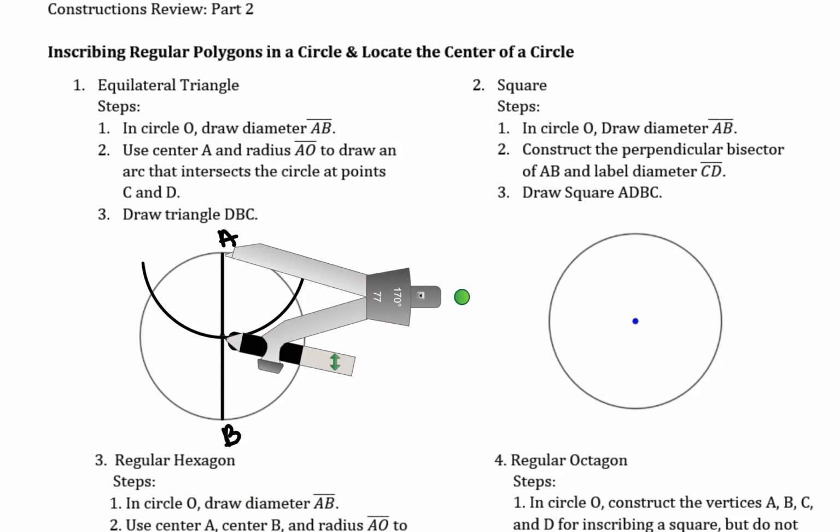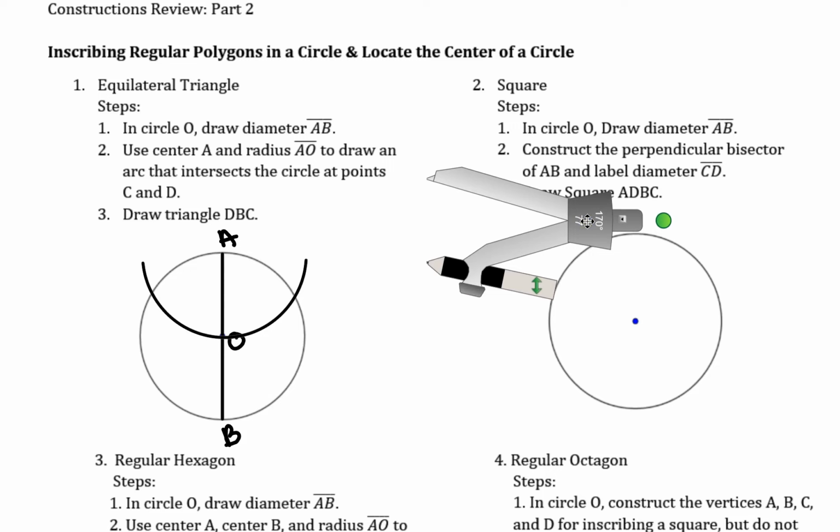And then we're going to label those points C and D. And then we're going to join C, D, and B together, and that'll be our equilateral triangle. And there you have it.